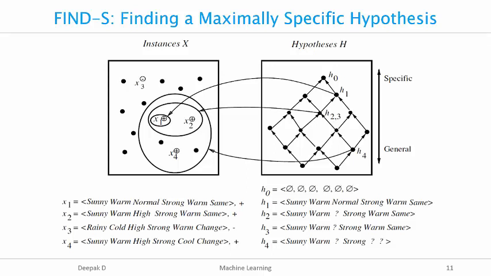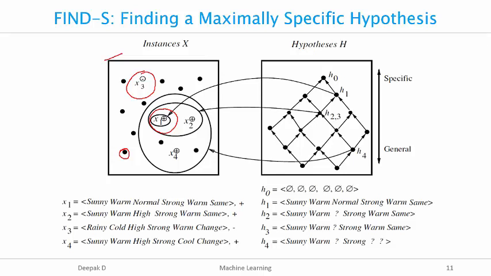In the instance space diagram, positive training examples are denoted with the plus symbol and negative by the minus symbol, and the instances that are not present as training examples are denoted by solid circles. So this figure illustrates the search in terms of instances and hypothesis space.